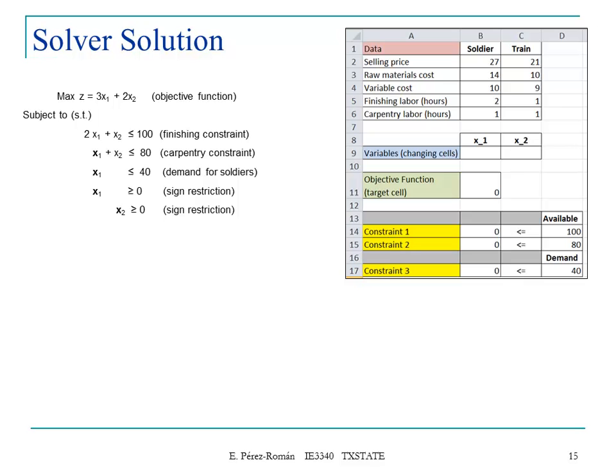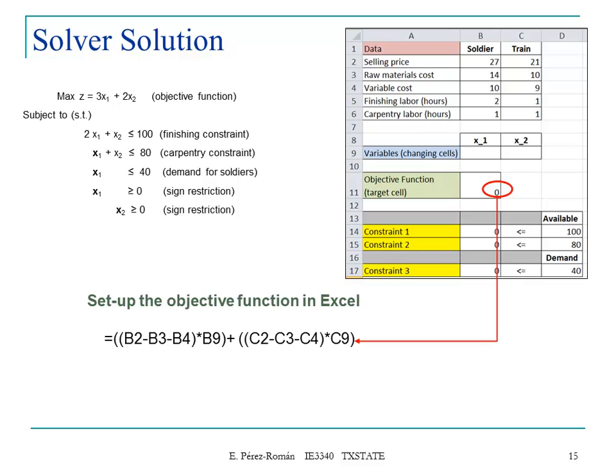Again, this is our linear program, and this is our table. So the first thing you have to do is to set up your objective function in Excel. Okay? So how many of you have experience with formulas in Excel? Okay. So if you don't follow, just let me know. So what I'm going to do is just try to type or use a formula to type this objective function.